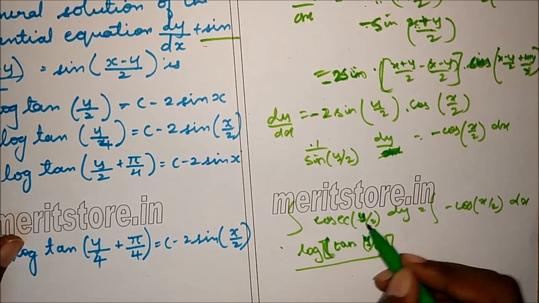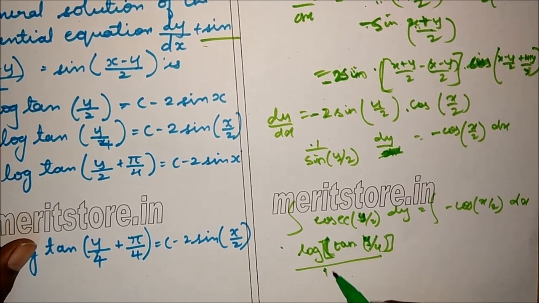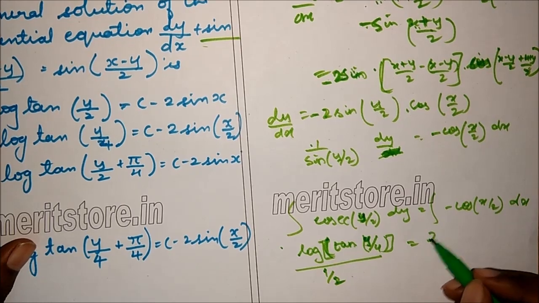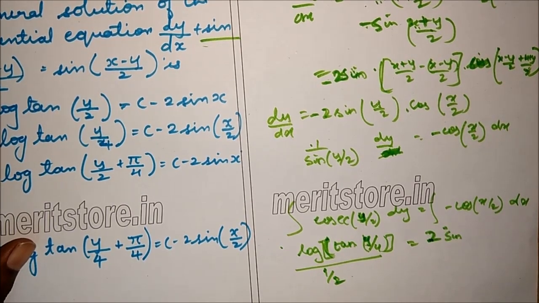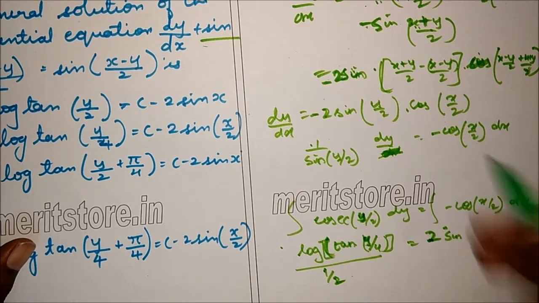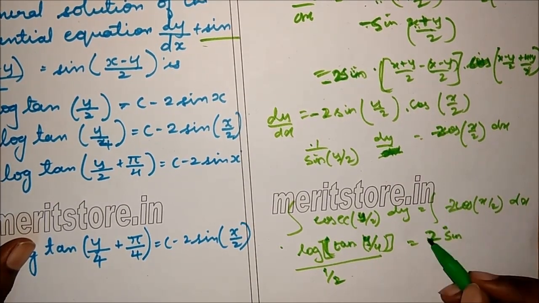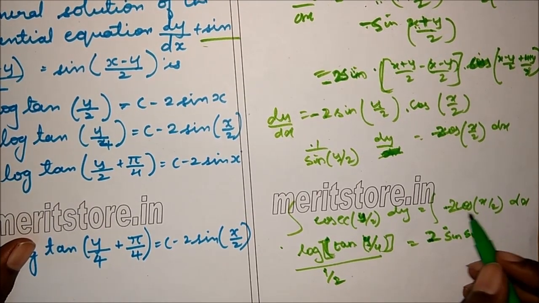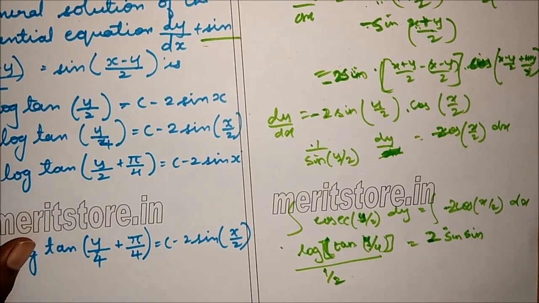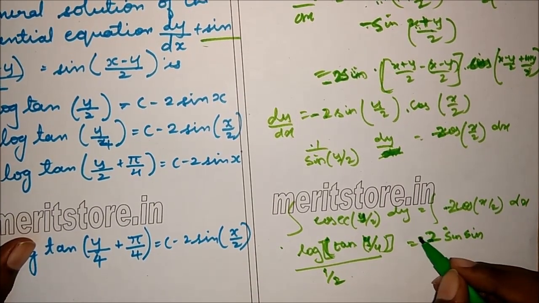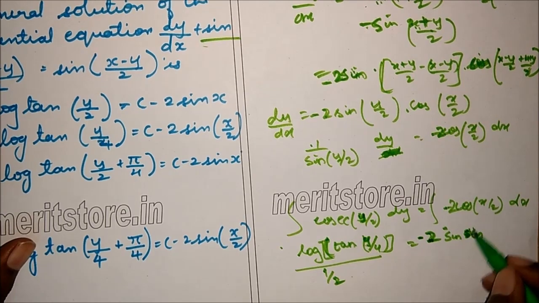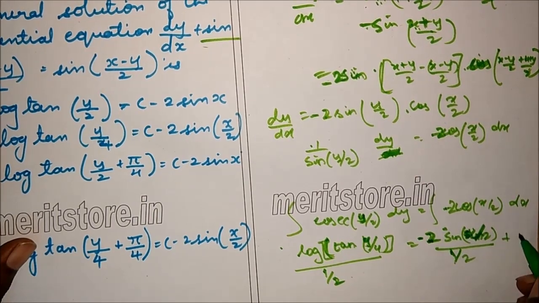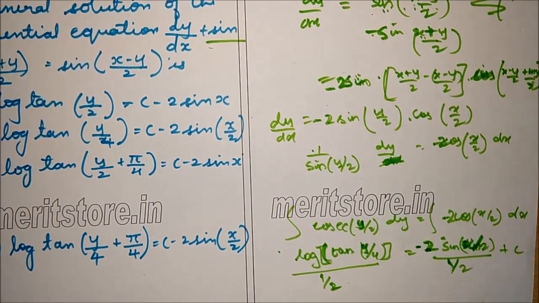Since this is y by 2, we'll divide by the coefficient, that is half, and this is equal to 2 into sine of, minus, integration of cos is sine, so this will be minus 2 into sine of x by 2 divided by 1 by 2 plus constant c, integration constant c.